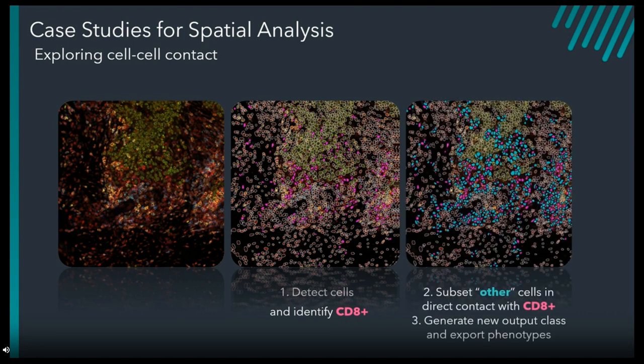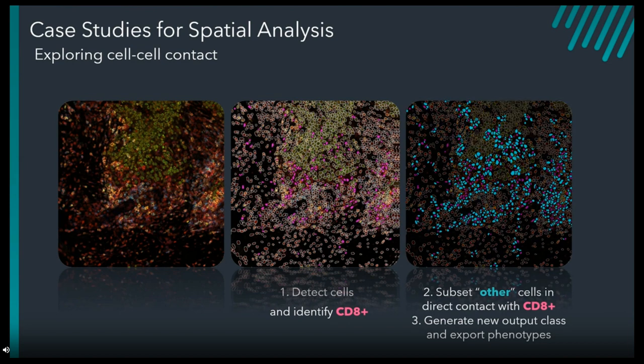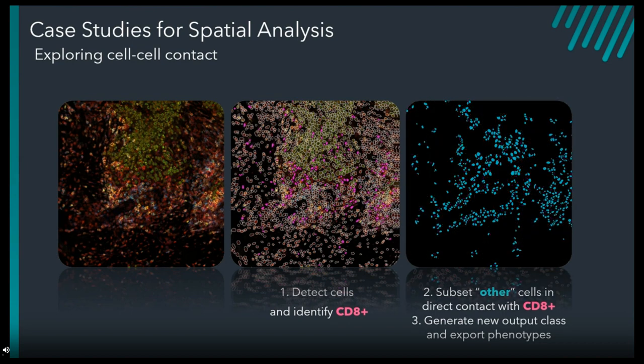Then we can take these as another class out and sub-phenotype them further and look at which cells have the highest frequency in contact with our CD8s. And this we can do for all phenotypes, and we can do these experiments over and over for all of the resulting phenotypes, and then compare across cases.